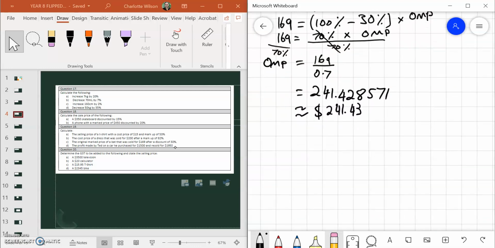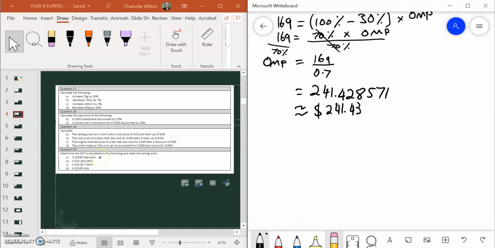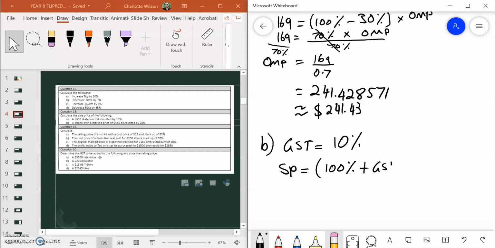Okay, and I'll do one more example in this video, which will be from this question 20. And it says, determine the GST to be added to the following and state the selling price. So we'll do B, which is a $20 calculator. So remember that GST is a 10% markup. So here, our selling price is going to equal 100% plus our GST percentage times our cost price.